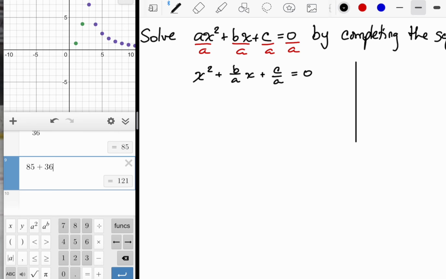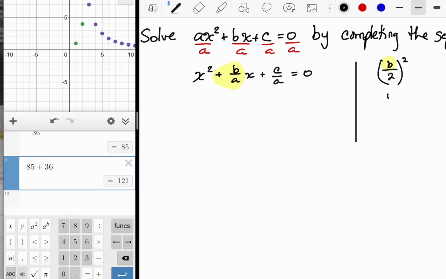But the b value is b over a. I'm going to take the b value, cut it in half and square it, but that b value is now b over a. It's kind of weird. We're using b in 2 different contexts here, but it's how it works.